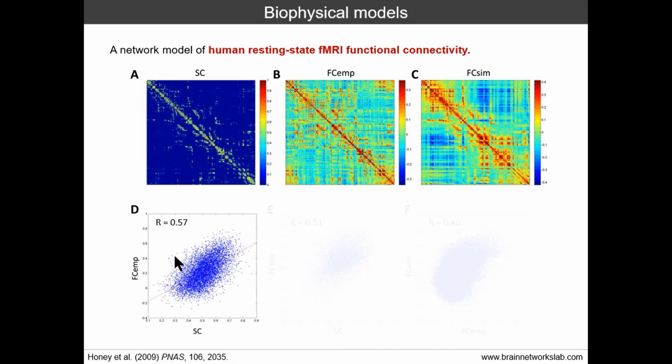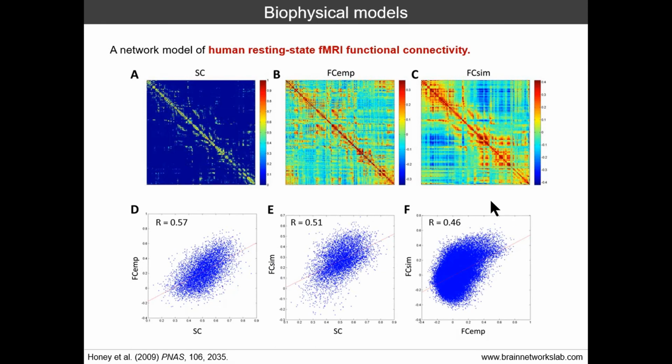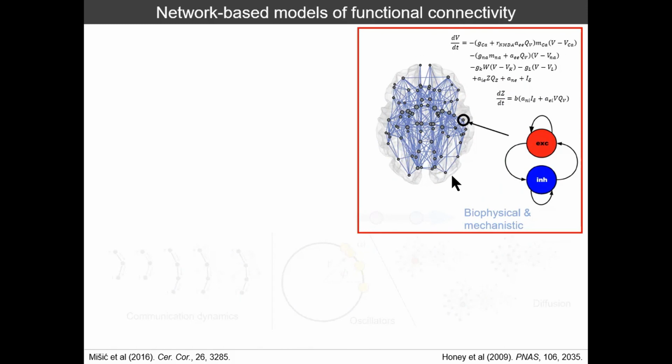And of course, there's a relationship between the real structural connectivity and the functional connectivity, the simulated and the real. And the simulated functional connectivity looks a lot like the observed. So that's quite nice, right? There's some correspondence now. There's some predictive capacity using this very complicated neural mass model that preserves something about biophysics that we think we like. So it's good. It incorporates some biophysically plausible mechanisms.